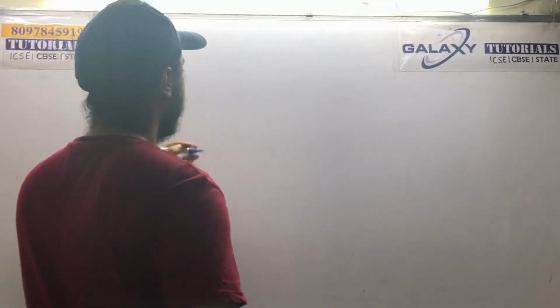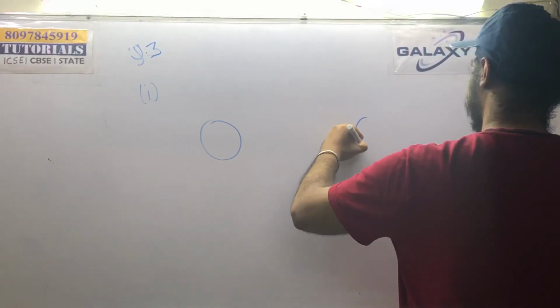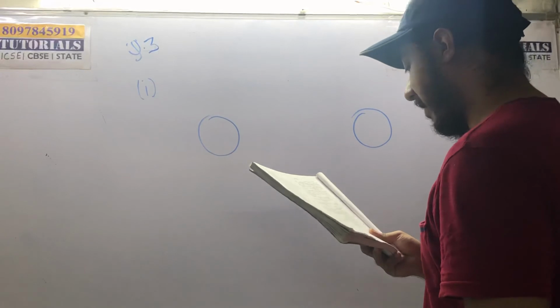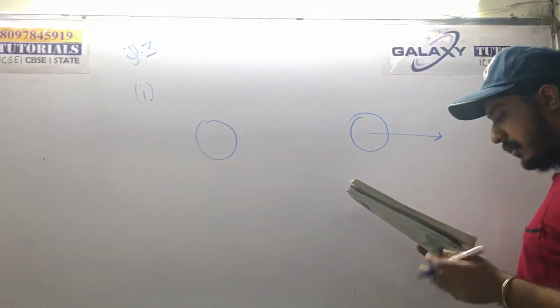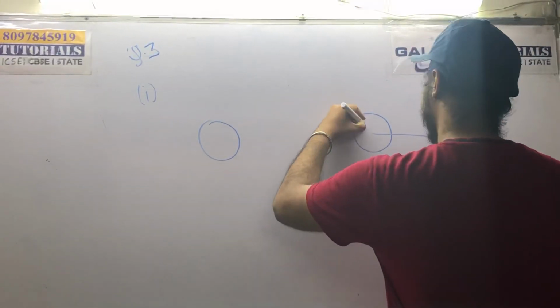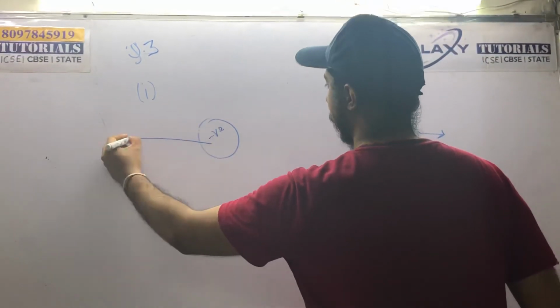Okay, so what they are talking about is there are two spheres. Both the spheres repel each other, because they have given that they have equal negative charges. So negative will repel negative. You all know that.